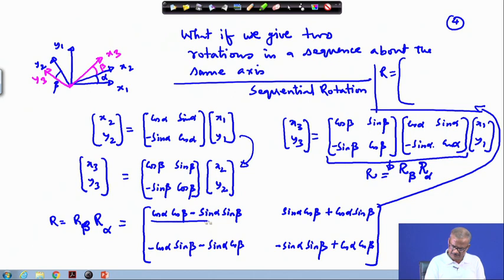So, what is this quantity? This quantity is nothing but cos alpha cos beta minus sin alpha sin beta. So, this is cos alpha plus beta. This one is sin alpha cos beta plus cos alpha sin beta, this is sin alpha plus beta. You look into this minus sign, we can take outside.